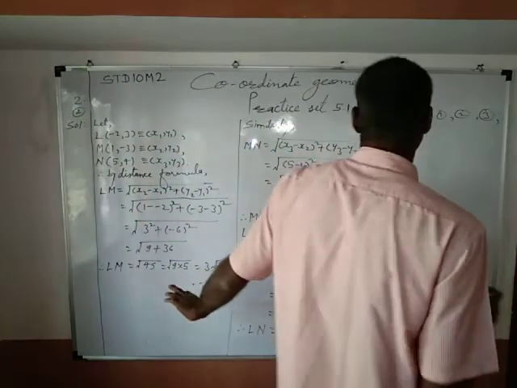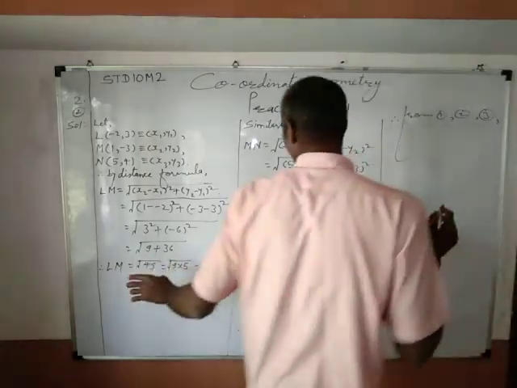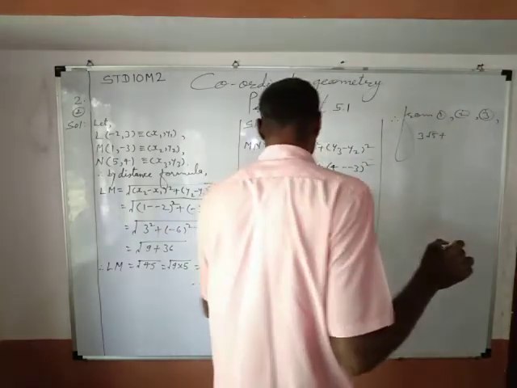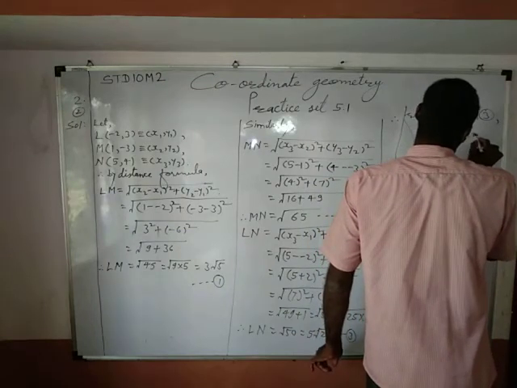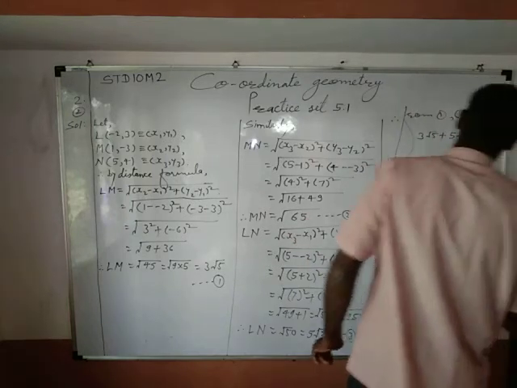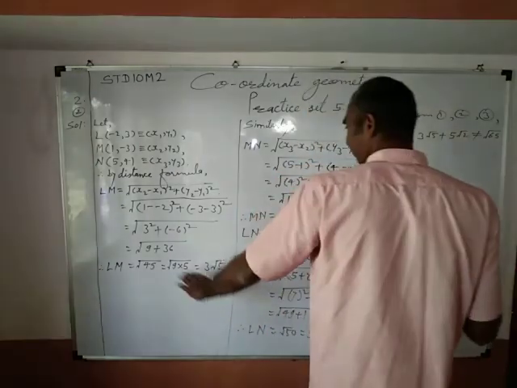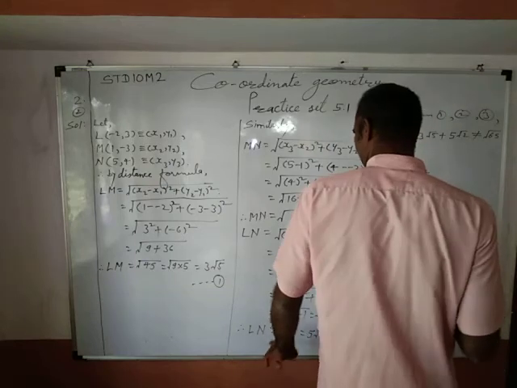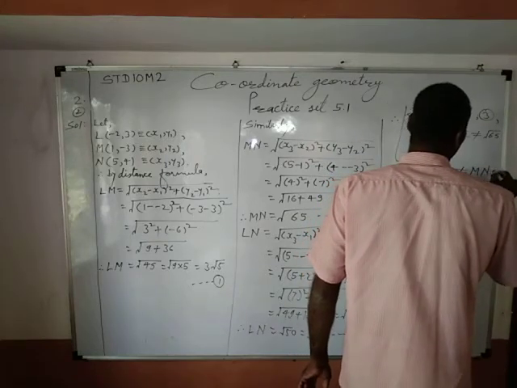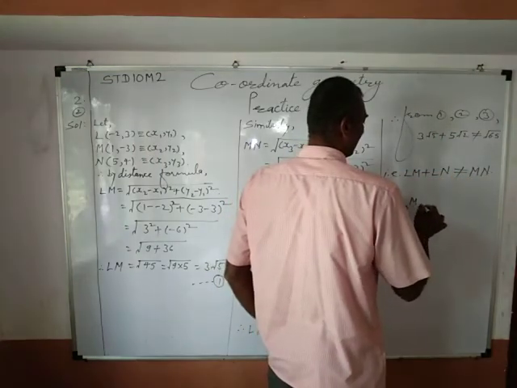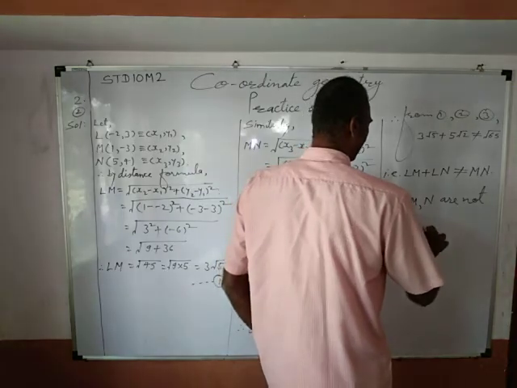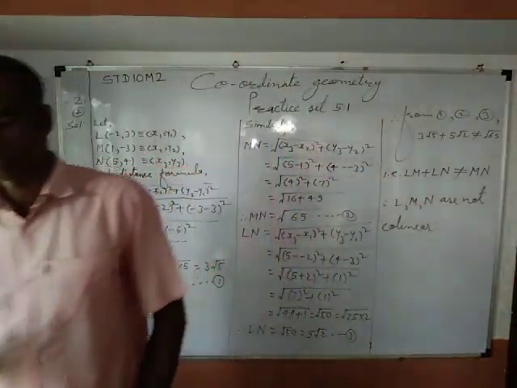The sum of the smaller distances, 3 root 5 plus 5 root 2, is not equal to the greatest distance root 65, that is LM plus LN is not equal to MN, and therefore L, M, N are not collinear.